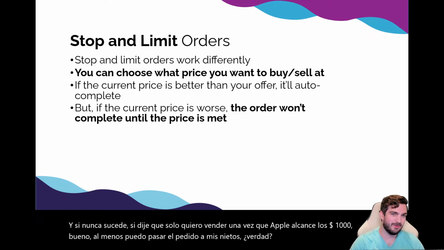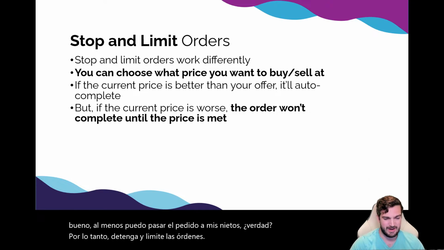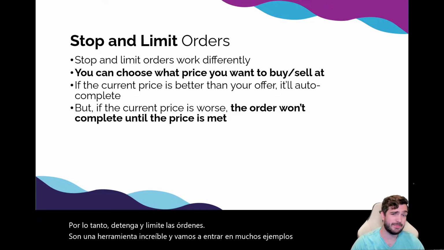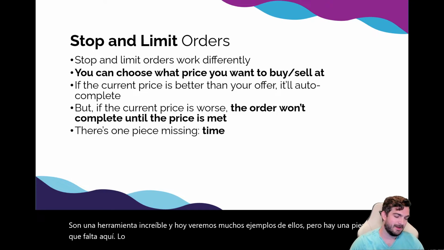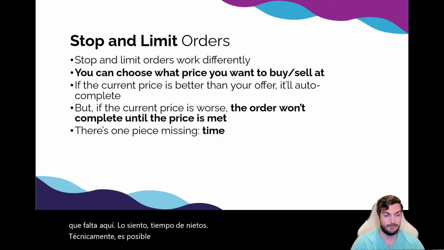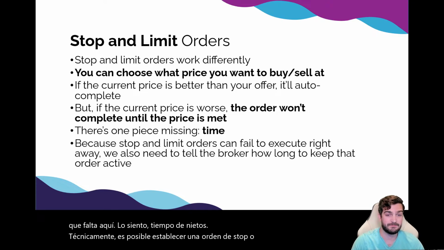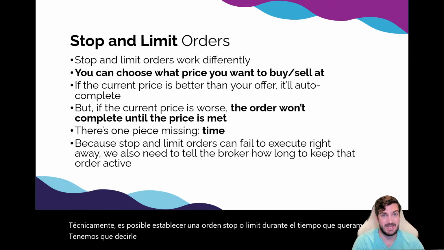So, stop and limit orders are an amazing tool, and we'll get into many examples of them today. But there is one piece that's missing here. Sorry, grandkids. Time. While it is possible to technically set a stop or limit order for as long as we want, we need to tell the broker how long we want to keep that order active.